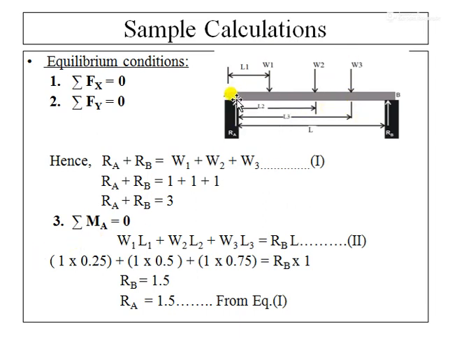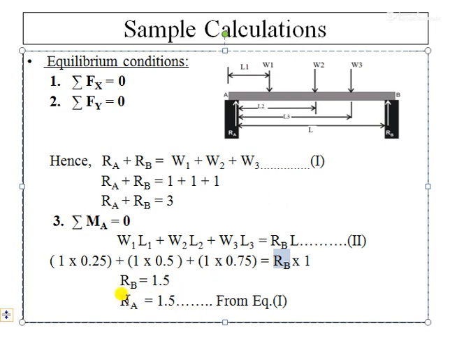The moment about any point is the product of the weights or reactions and the distances at which they are acting, and that is how we get this expression, that is W1 L1 plus W2 L2 plus W3 L3 will be equivalent to the last force, that is Rb. Now this will be acting in the anti-clockwise direction into the whole distance L, and that is why we get this second equation. Substituting the values of L1 and W1, we ultimately determine the value of Rb, as we can see here in the equation. Only the Rb value is to be determined, rest everything is substituted.